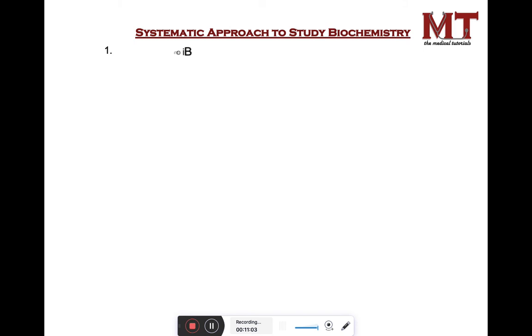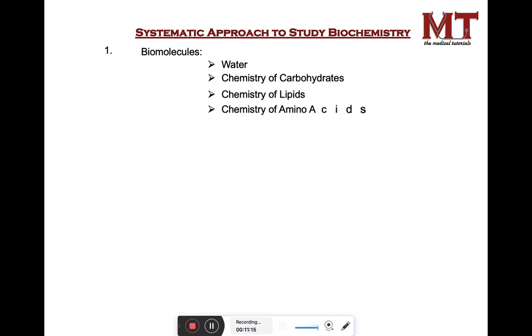Biochemistry is not an easy subject. It has to be studied in a systematic way. So let us see how we study the biochemistry in a systematic way. First of all, we have to have a good knowledge of the biomolecule. So we start with the study of water. Then we study the chemistry of carbohydrates, the chemistry of lipids, the chemistry of amino acids, and how they form the proteins, and then the structure of proteins.